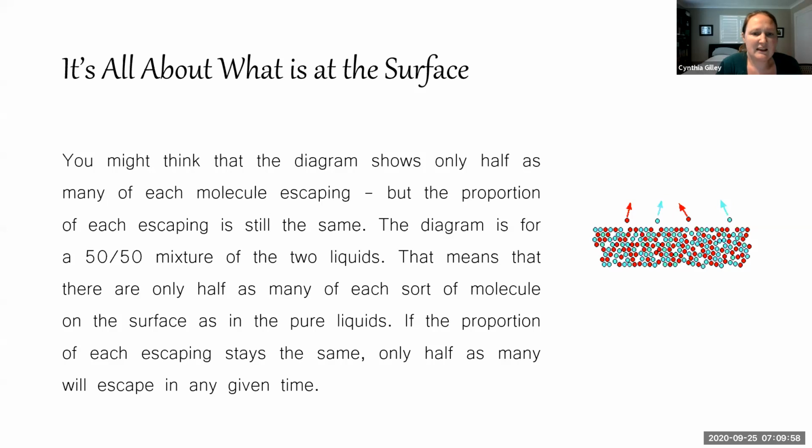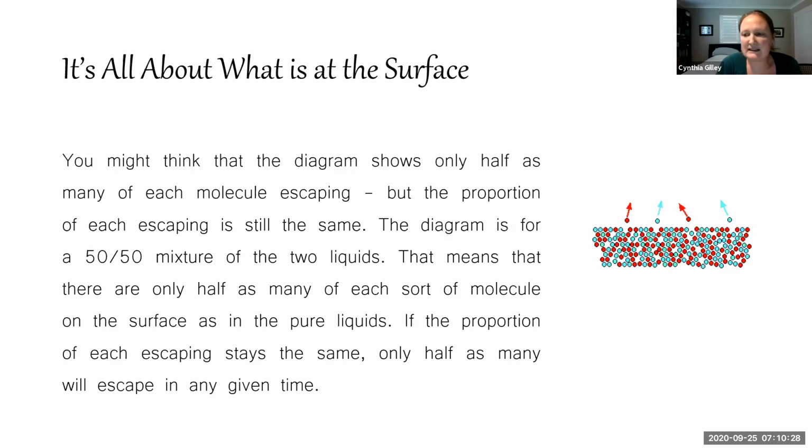So you might think that the diagram shows only half as many of each molecule escaping, but the proportion of each escaping is still the same. The diagram is for a 50-50 mixture of the two liquids. That means there are only half as many of each sort of molecule on the surface as in the pure liquids. If the proportion of each escaping stays the same, only half as many will escape at any given time.